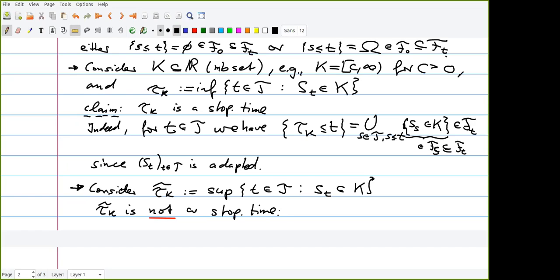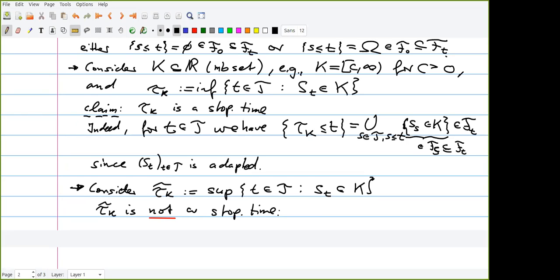This is obviously true because at time t, we cannot decide whether or not it was the last time of the price process S being inside the set K. Even if the process leaves the set K at some point, it might return to K in the future.